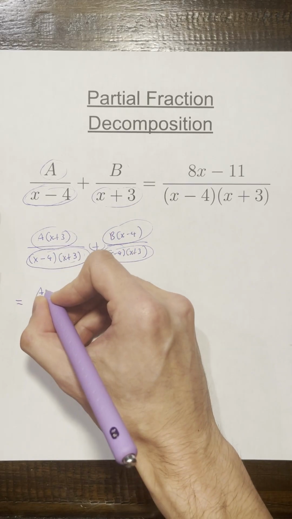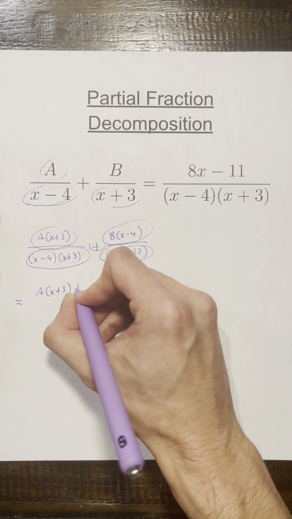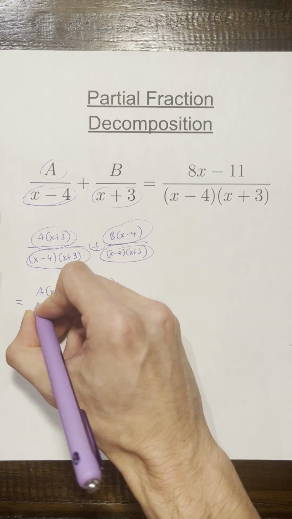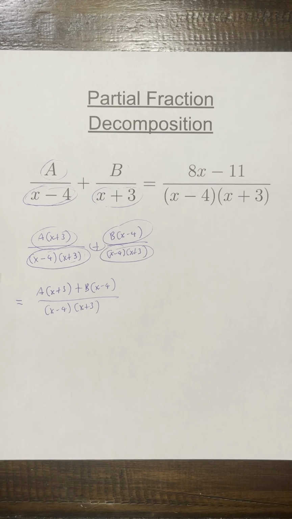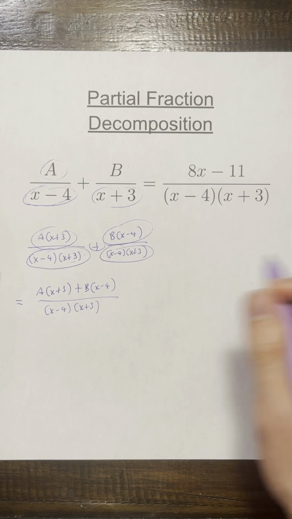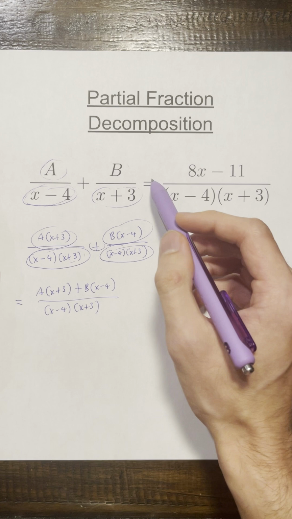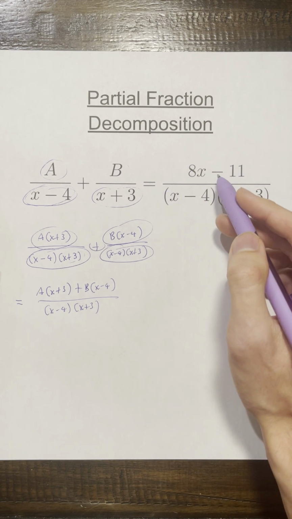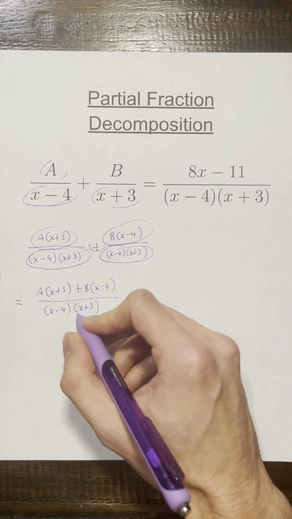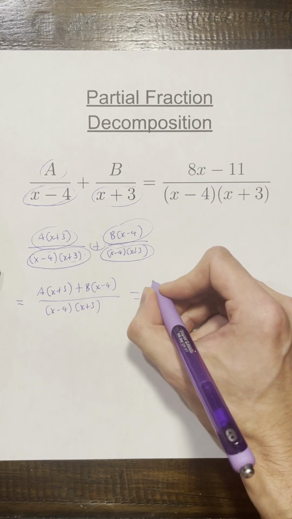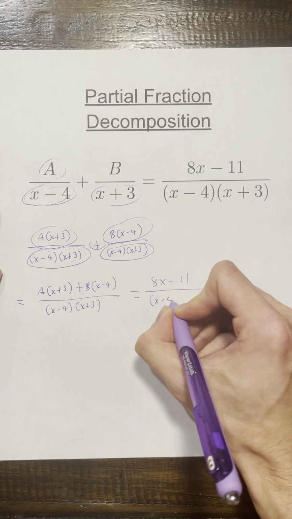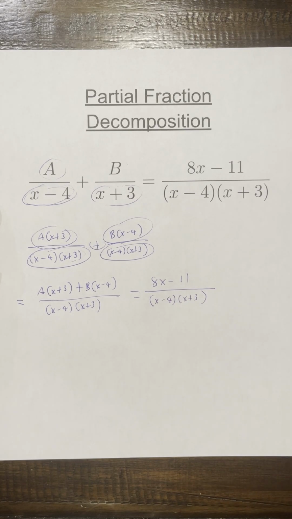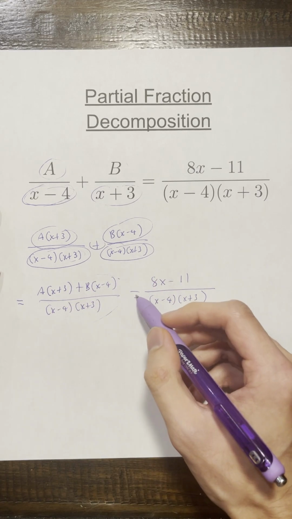Okay, so this is equal to, okay. So this is the same thing as this, which is equal to this. Okay, so I can set this equal to this as well. Okay, so we've got that this fraction is equal to this fraction.